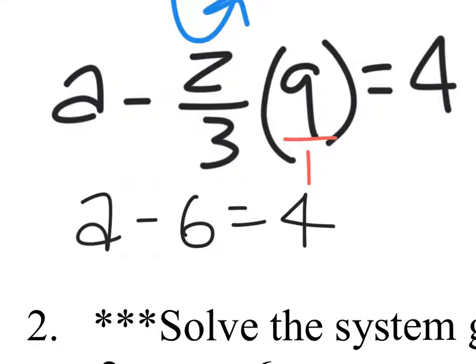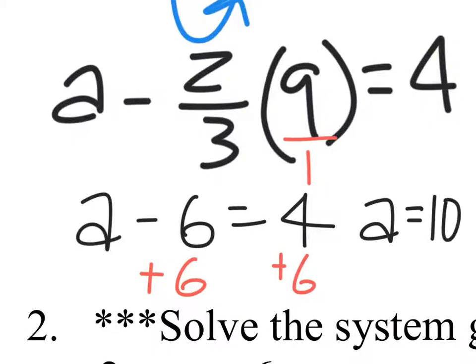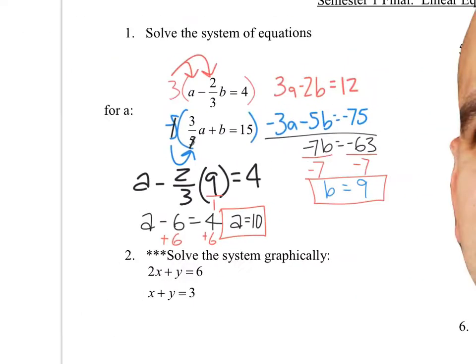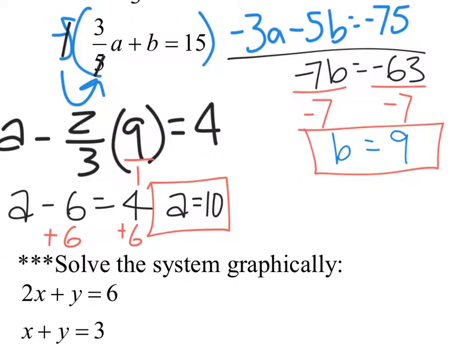And then we're going to have to, of course, add 6 to both sides, because we're doing the inverse operation, and that's going to mean a is equal to 10. And that, ladies and gentlemen, is our answer. So we can write it like a equals 10, b equals 9, and that's our answer. Great.